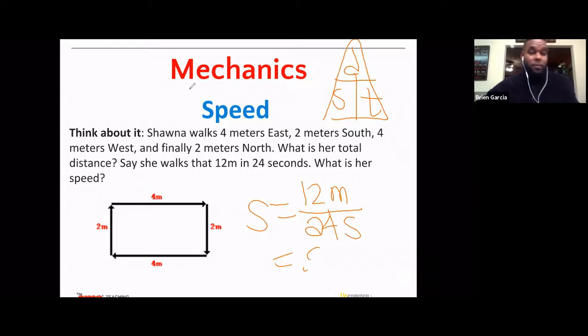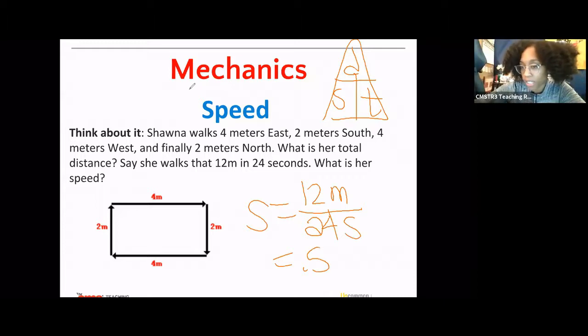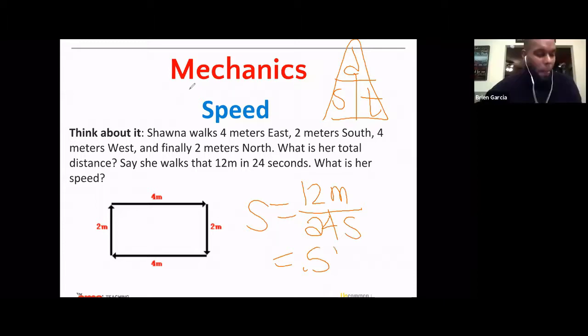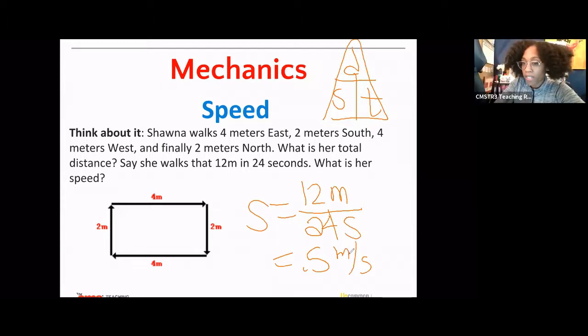And in chemistry, we don't really like fractions as much, so we say it's 0.5 meters per second. Our unit is meters per second because we're dividing the M by the S. So it literally just becomes M over S for our unit.